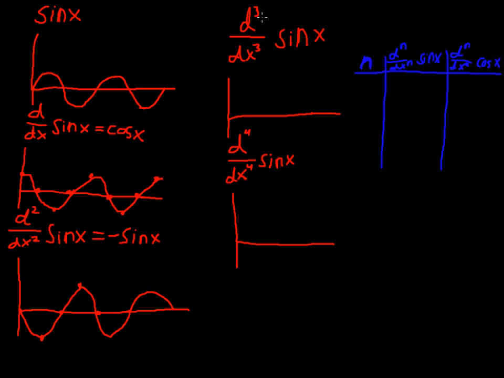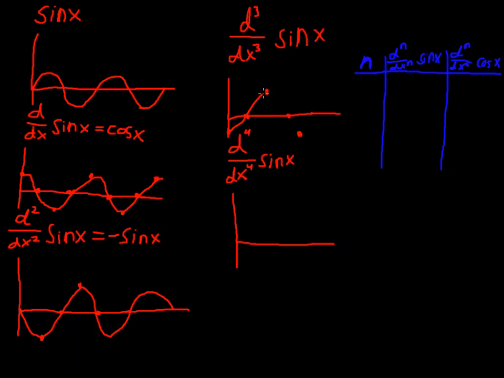So next, we can take the third derivative of sine of x. So that is taking the derivative of this function. So it looks like it starts at negative 1, goes up to 0, then it comes up to positive 1, goes back down to 0, negative 1, and the cycle is going to repeat.